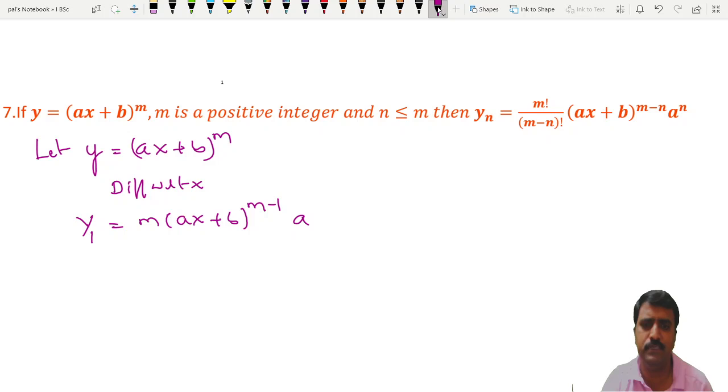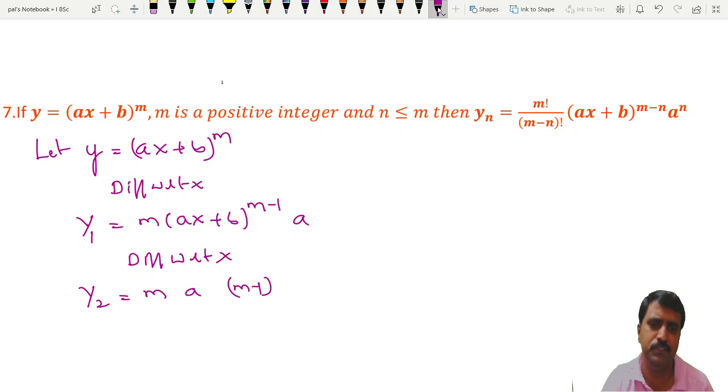Now you differentiate this y1 with respect to x. It gives y2 is equal to m into this constant a into its differentiation, m minus 1 into ax plus b to the power m minus 2, into the differentiation of ax plus b, which is again a.